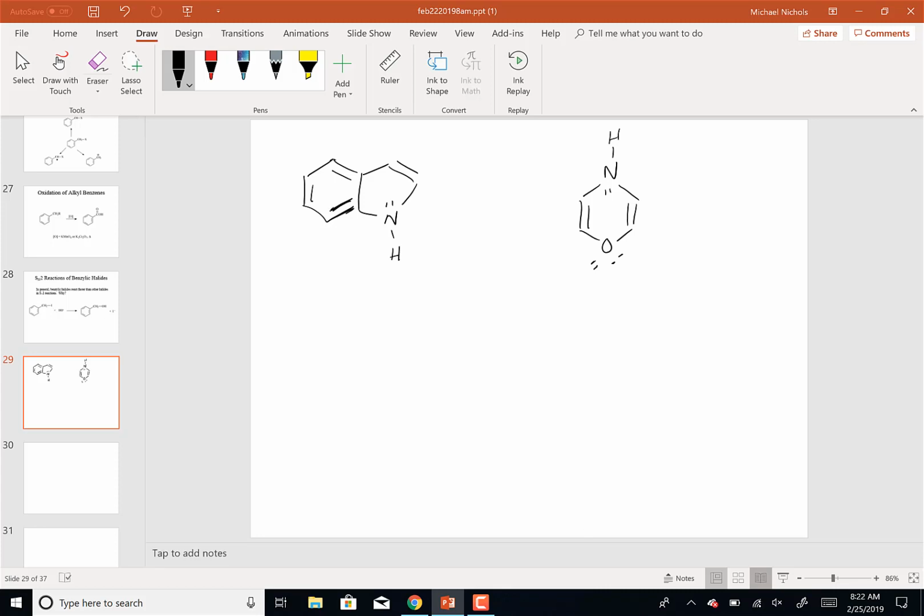Let's see, you've got 1, 2, 3. We've got 4 bonds, but we only have 3 sets. So actually, these two are sp2 hybridized because the carbon just has to have 3 sets of bonds. So this carbon has 1 double and 2 singles. This one up here has 1 double and 2 singles. So it actually would be sp2 hybridized.